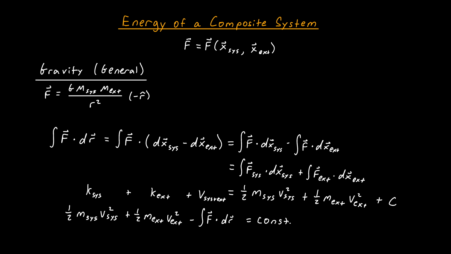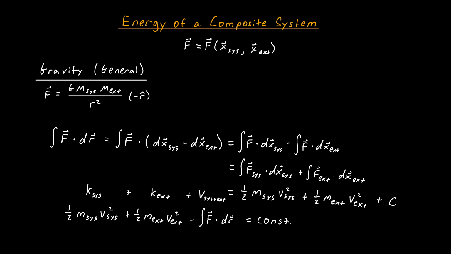And I say plus there because the potential energy typically includes that minus sign outside that integral. So this relationship is as true as the one we had before for just our system, but this one happens to be very practical to use with gravity because it includes integrating our force with respect to the relative position, not just with respect to the position of our system.